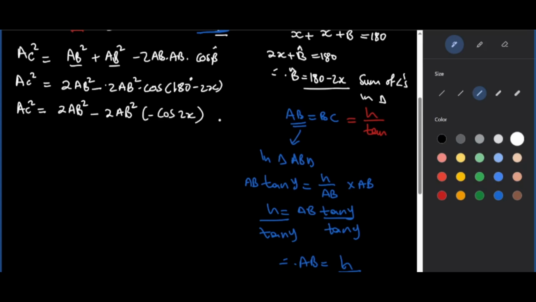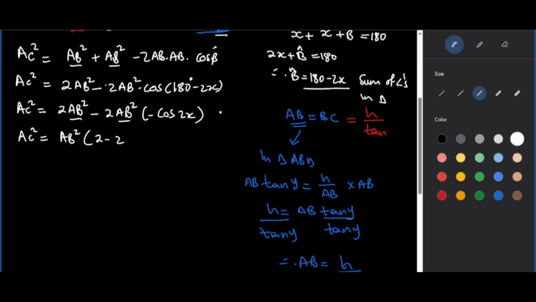Apply what you know, then you're going to see that everything will make sense. Look at this. These are like terms. Can we take the AB squared out as a common factor? Yes, we can. Then this is what we have after taking it out as a common factor.